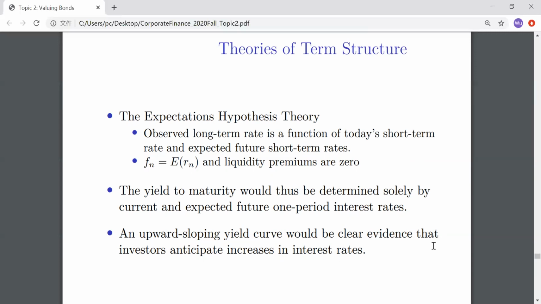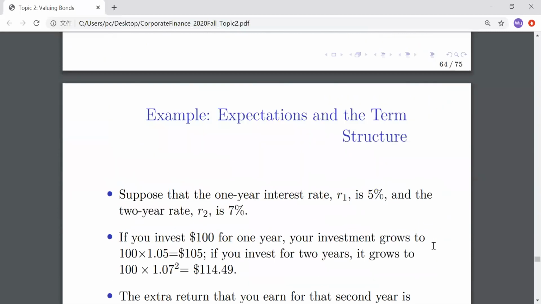Remember when we talked about the yield curve under certainty, when the yield curve is upward sloping, there's no ambiguity that future interest rates are going to go up, right? So this is when the yield curve is with certainty, and there's no liquidity premium.